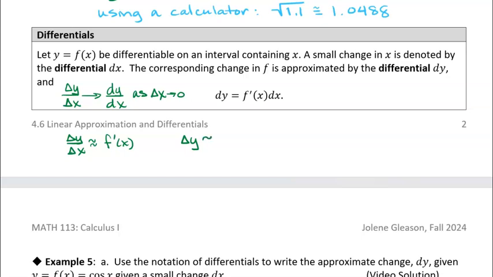If we multiply both sides by delta x, we get delta y is approximately f prime of x times delta x. This is our linear approximation, and this is the point slope formula. It's just written a little differently.